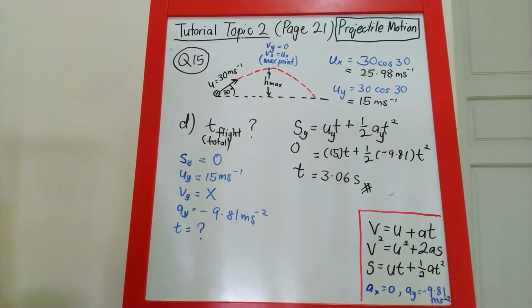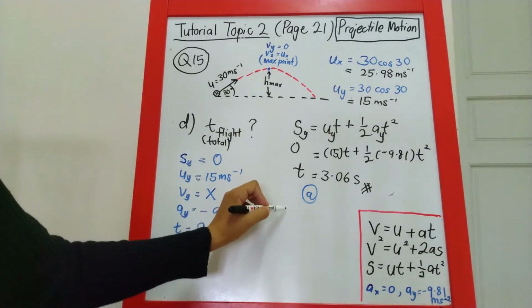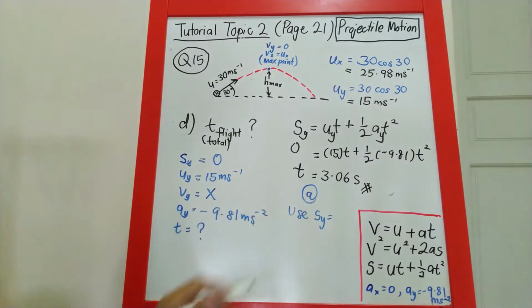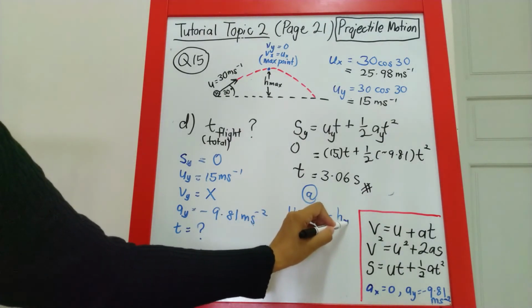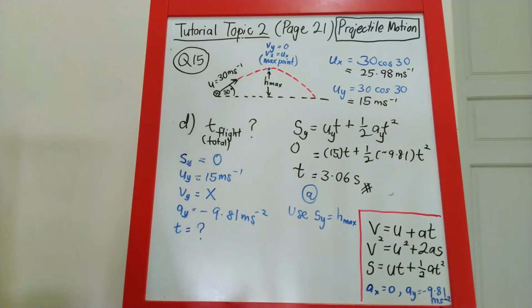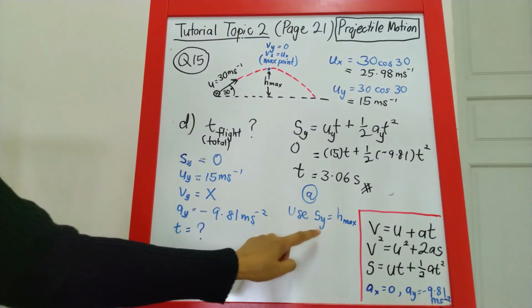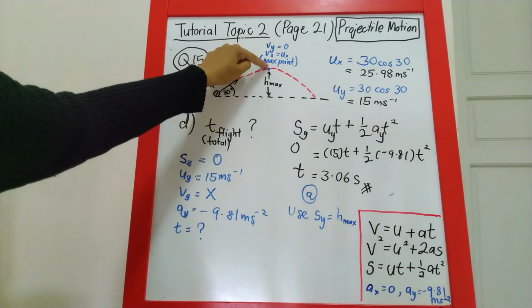Actually there's another way where you use Sy equals the maximum height, because you already found the maximum height in part C. If you use this information, then your time will be from here to here.